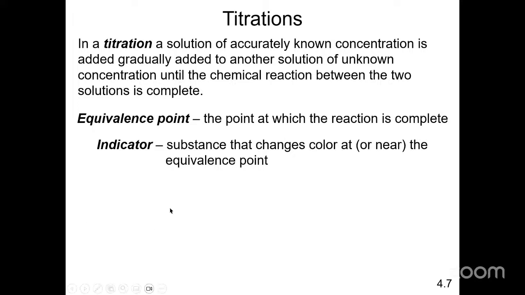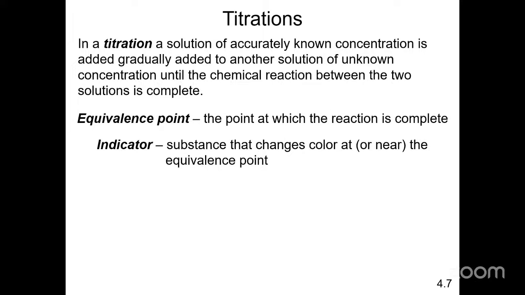In the case of acid-base titration, and this is also true for other types, but since we're focusing on acid-base titration, hold on, I didn't realize that this is in the way. Okay, so in the case of acid-base titration, in order for us to determine the equivalence point, what we have to do is add a substance known as an indicator. An indicator is basically a dye, which takes on a particular color depending on the pH of the solution it's in, right?